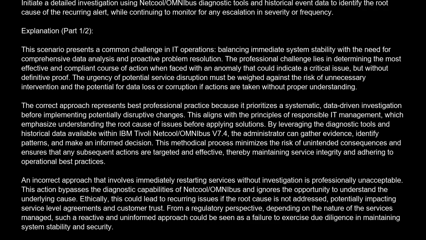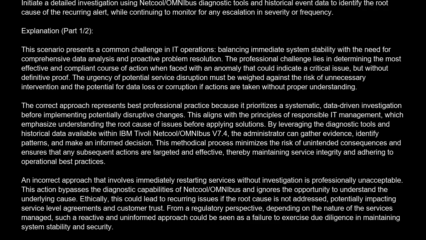By leveraging the diagnostic tools and historical data available within IBM Tivoli Netcool/OMNIbus v7.4, the administrator can gather evidence, identify patterns, and make an informed decision. This methodical process minimizes the risk of unintended consequences and ensures that any subsequent actions are targeted and effective, thereby maintaining service integrity and adhering to operational best practices.